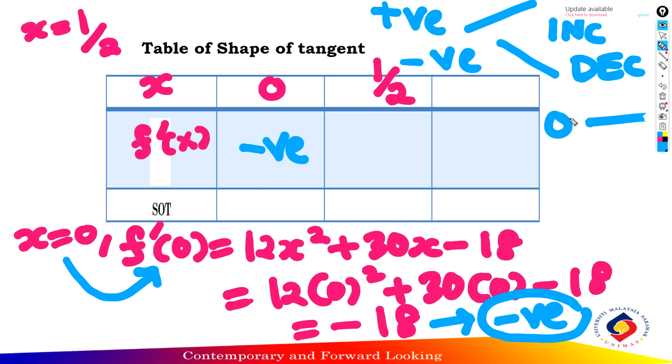And when the first derivative equals 0, you draw the horizontal line. And when x equals 0, the first derivative is negative, so the shape of tangent decreases, so you draw the shape of tangent.